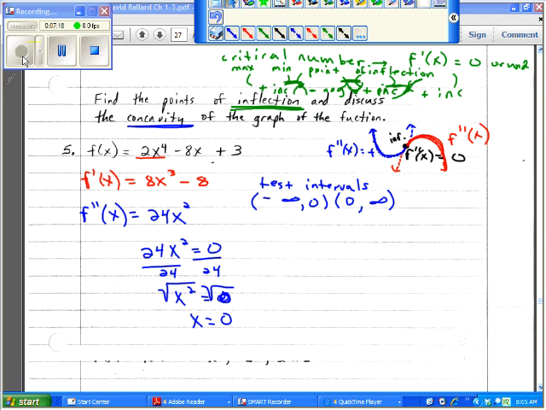And I could try to find out what the concavity is within that region. So, if I take the second derivative of a point within the left interval, I can just choose a -1. Or if I took the second derivative of a number within the second interval, I can just take a +1. And I'm going to plug those into my second derivative.